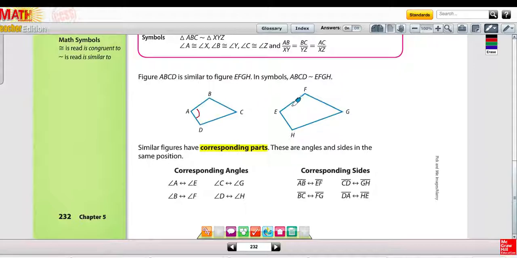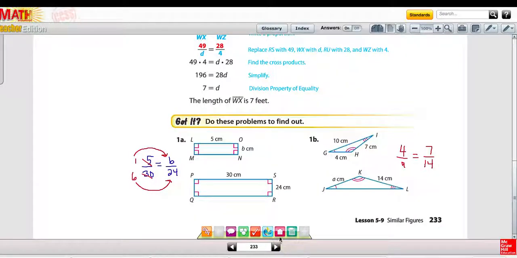A is congruent to E. B is congruent to F, and so forth. So down at the bottom here, A and E are corresponding, B and F, C and G, D and H. And then we also say their corresponding sides. AB corresponds to EF, and then BC to FG, and so forth. So just make sure you take some time to look at those images before trying the problems here.